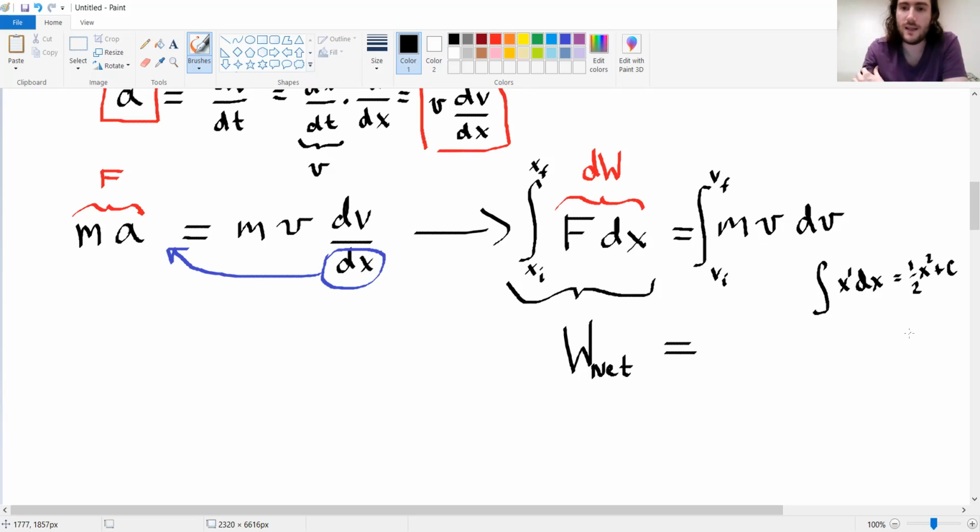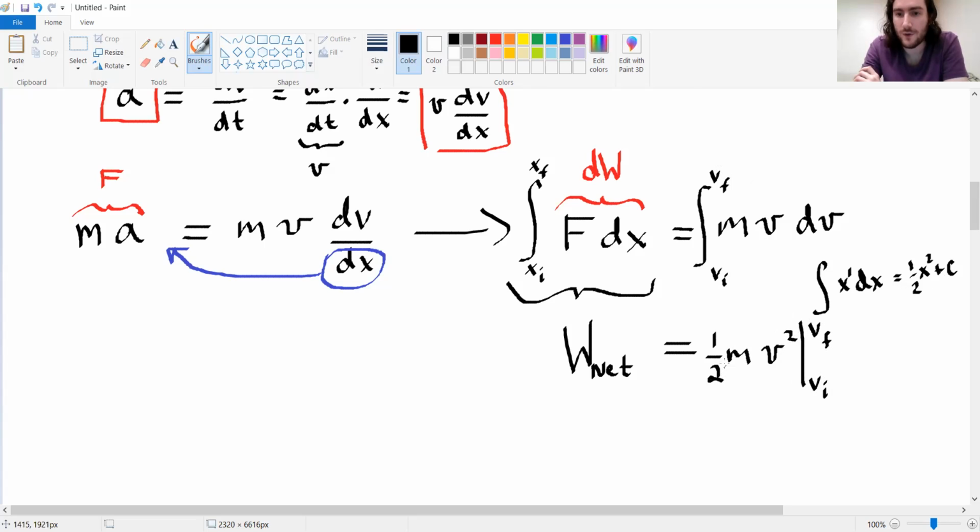Of course, in this case, we have the limits v initial and v final. And so we won't have this integration constant c here. So for our final answer for this integral, we'll have 1/2 m v squared evaluated at the initial velocity and the final velocity.